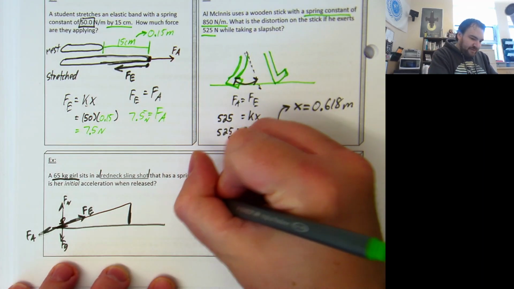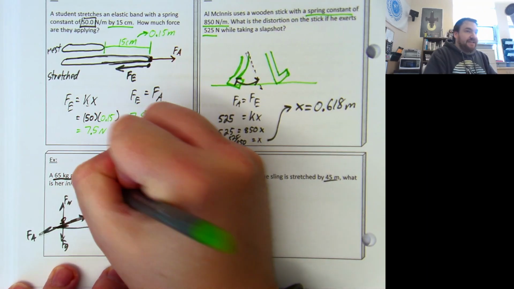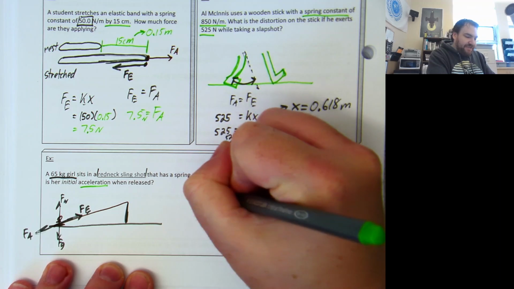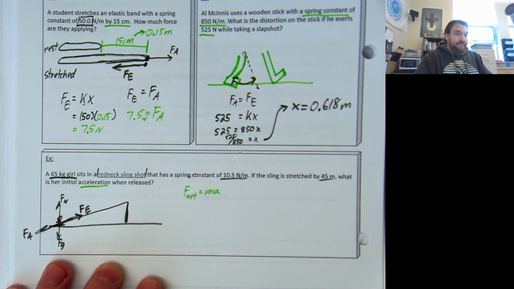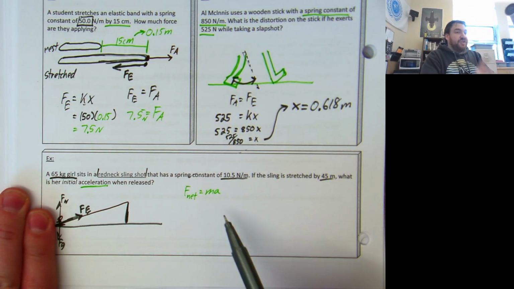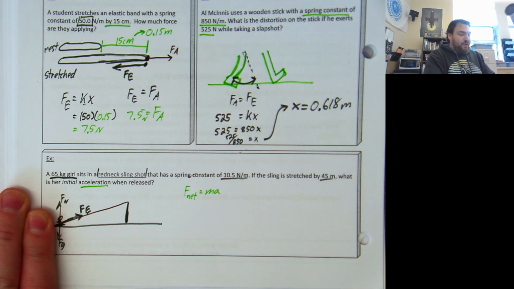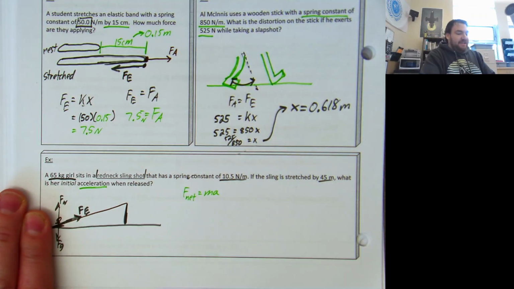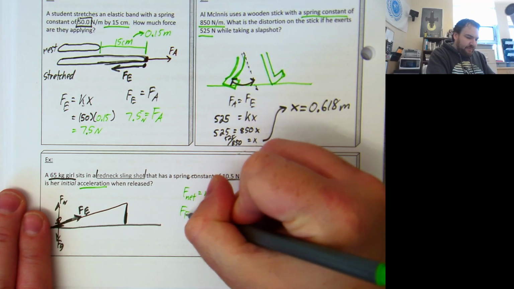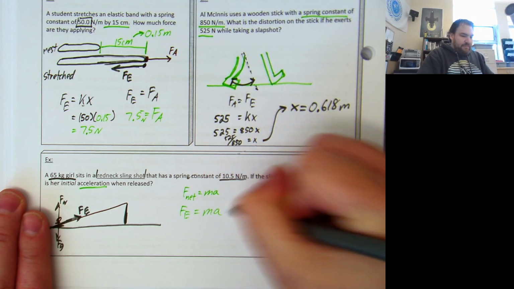So as soon as they ask you for the word acceleration, even if we're talking about springs, we're going back to F net equals ma. If you remove the applied force, the only force acting on her in the direction of motion is going to be the elastic force, restoring itself back to its posts. So we're going to have Fe equals ma.